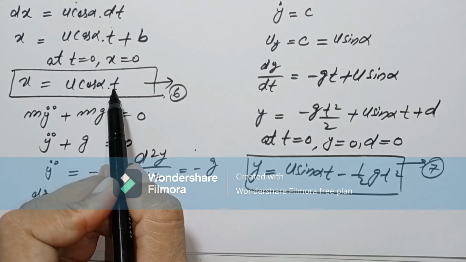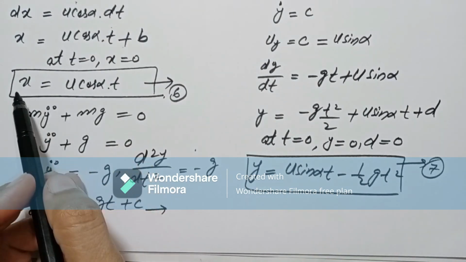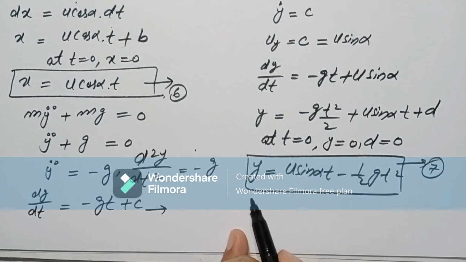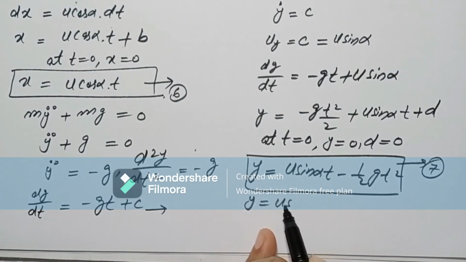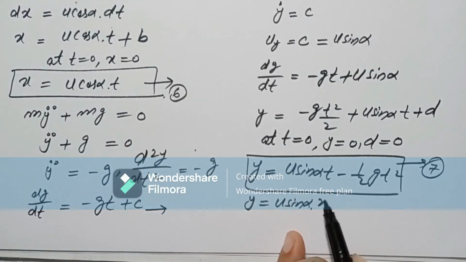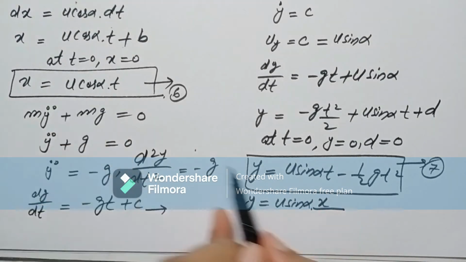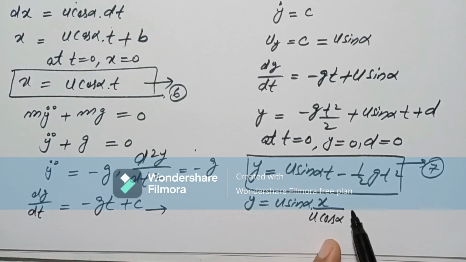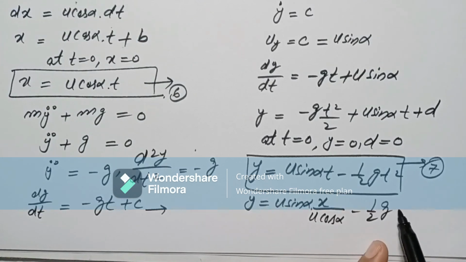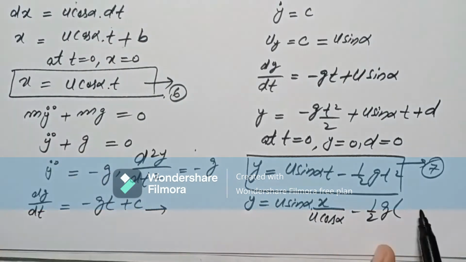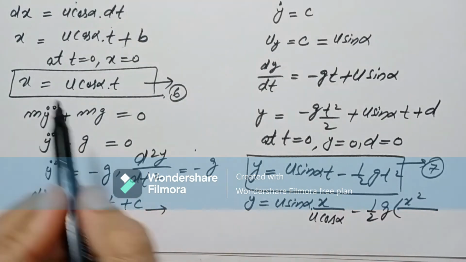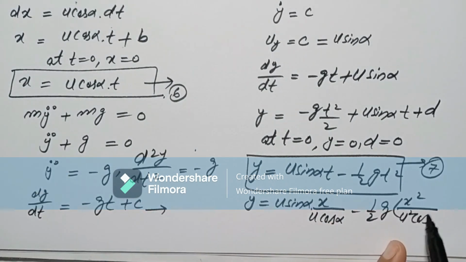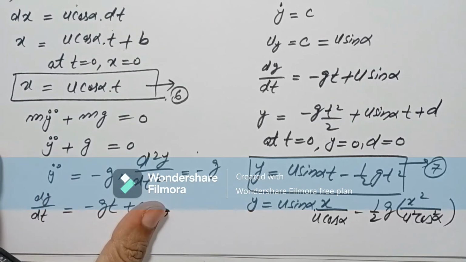From here the value of t will be x over u cos alpha. We substitute: y equals u sine alpha times x over u cos alpha minus half g times x square over u square cos square alpha.